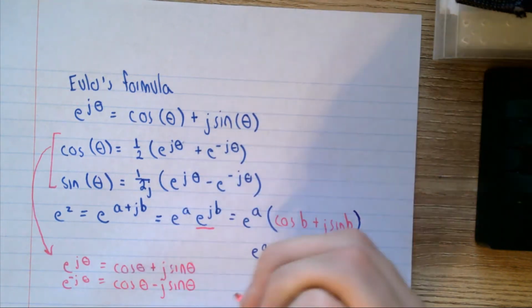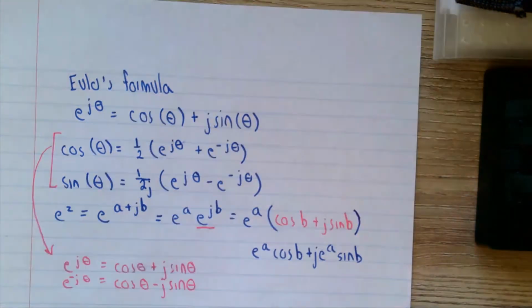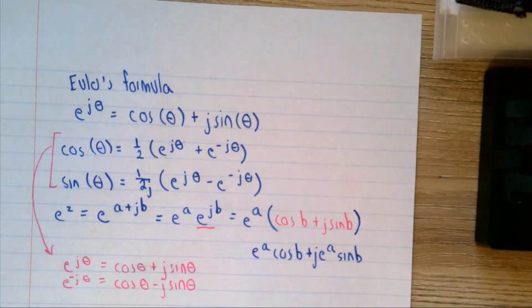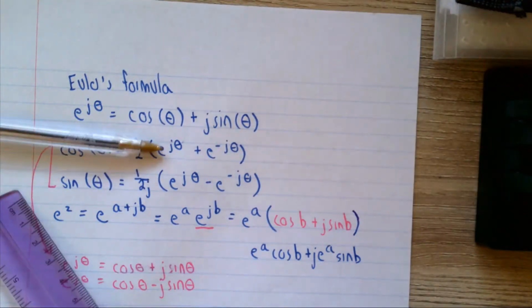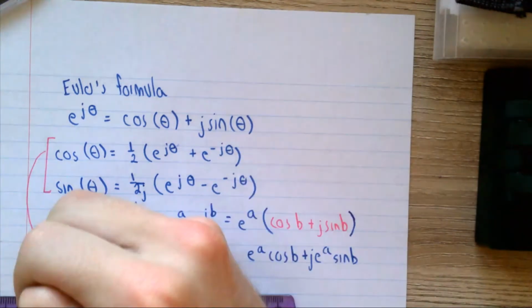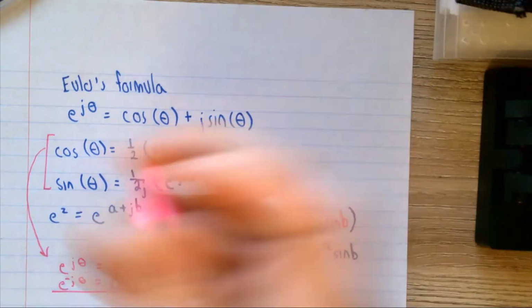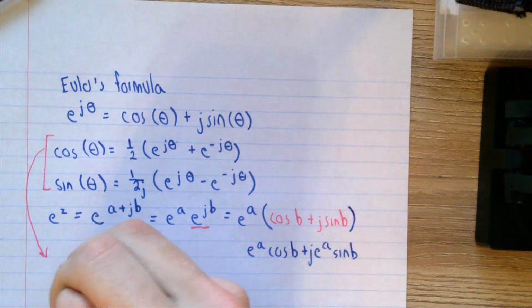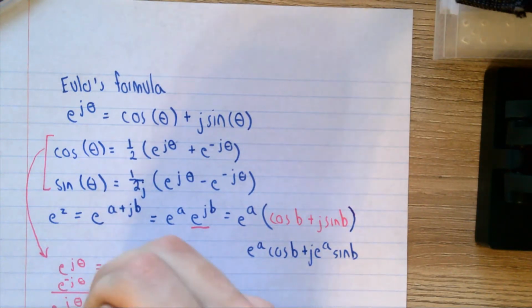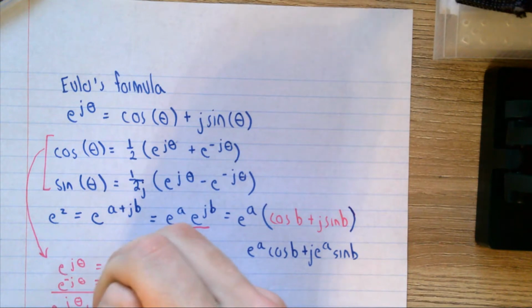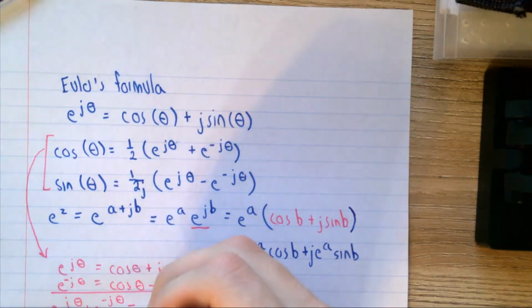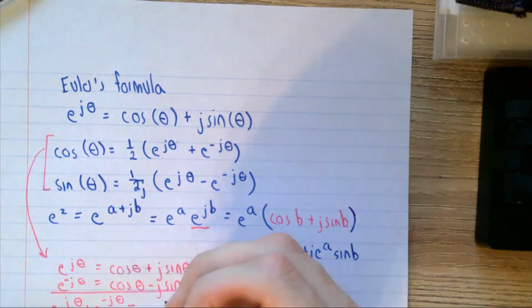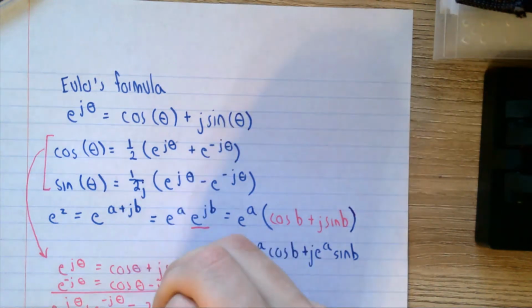And if we add these together, what we're going to get as a result is e to the j theta plus e to the negative j theta is equal to 2 cosine theta. And the sine terms cancel with each other because it's positive and negative.